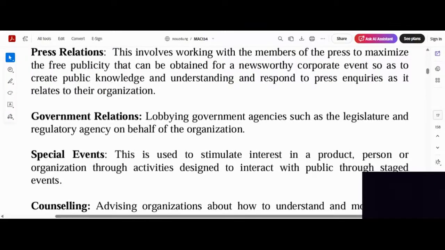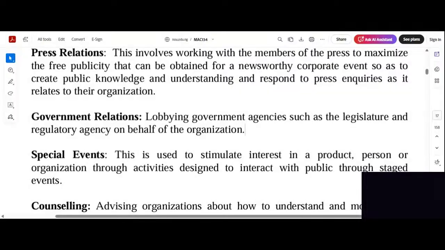Okay, so I think we need to look for the meaning of lobbying. Is someone helping us out? What does it mean to lobby? I know some of you know the meaning already, but let's not assume that everybody in the class knows the meaning of lobbying.